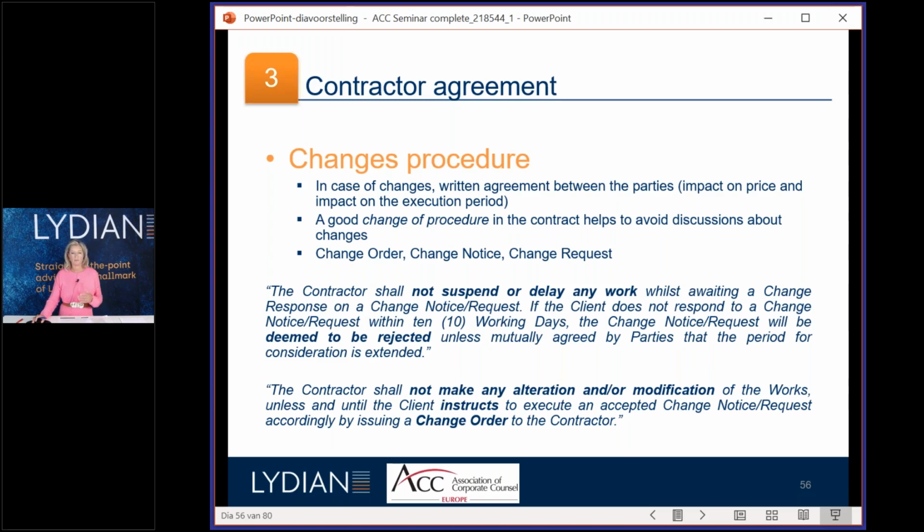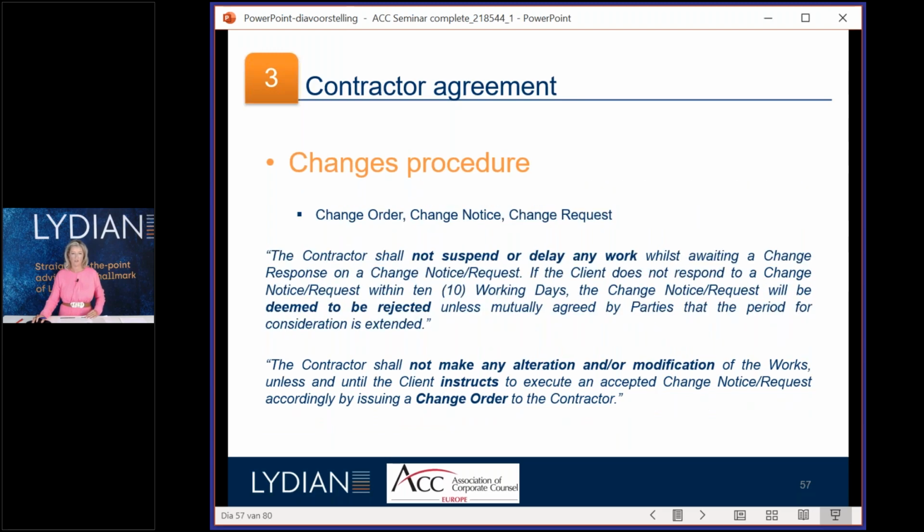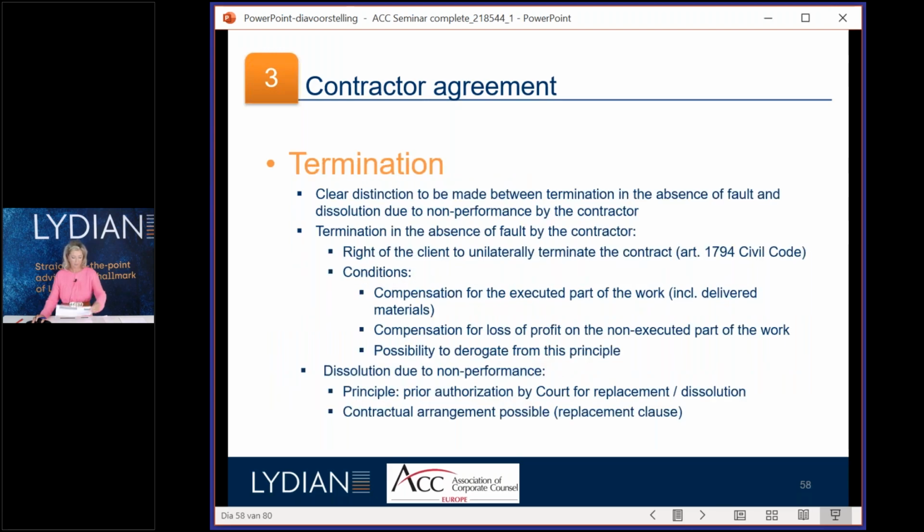So please mention a good change of procedure clause in the contract, just to avoid discussions afterwards. I refer to the slides. On the following slides, you will find 2 suggestions of clauses with respect to the changes procedure.